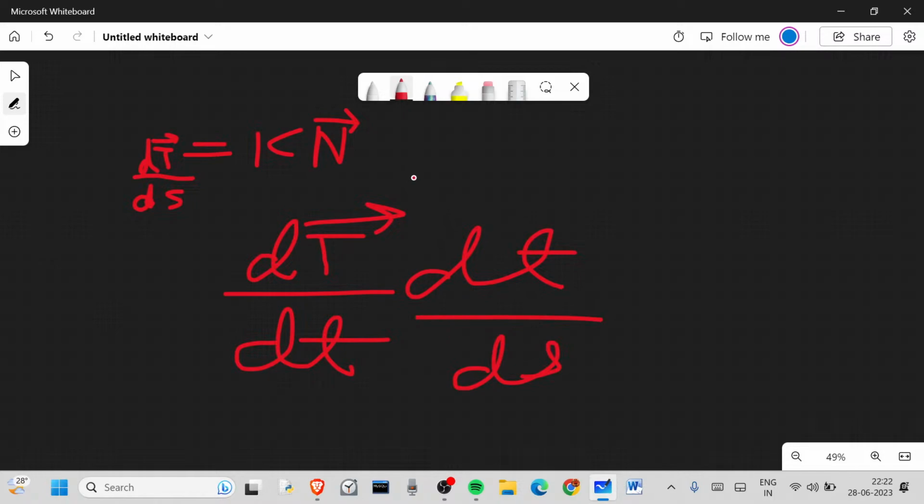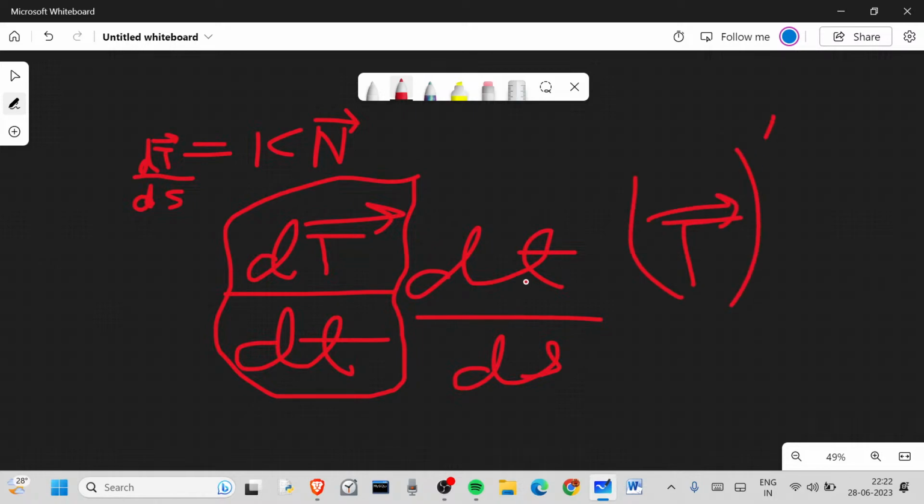Now dT by dt is T vector dash, and this is dt by ds. And dt by ds is basically 1 by ds by dt, and ds by dt is mod of r dash.